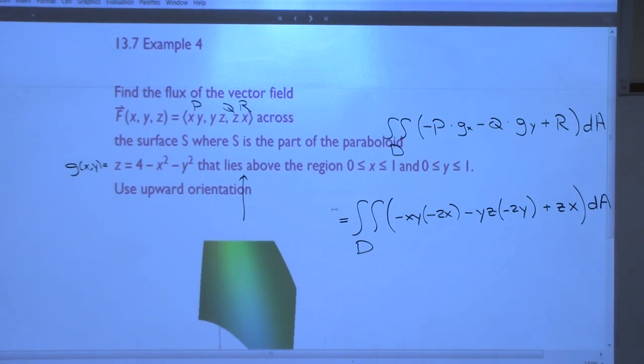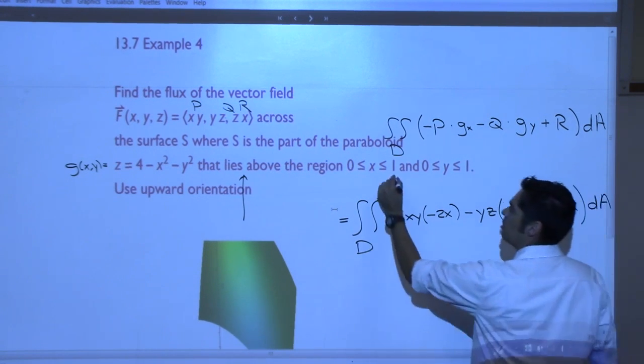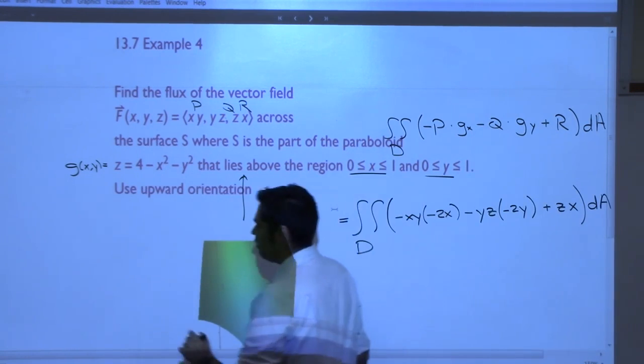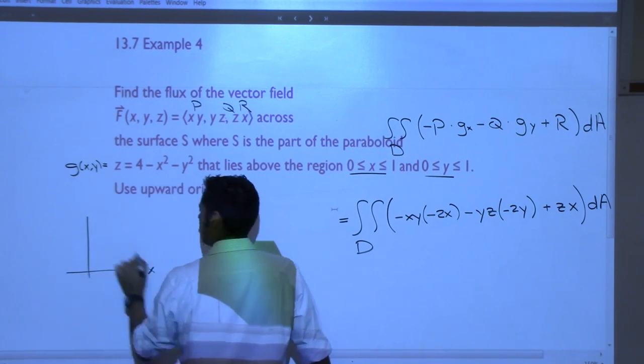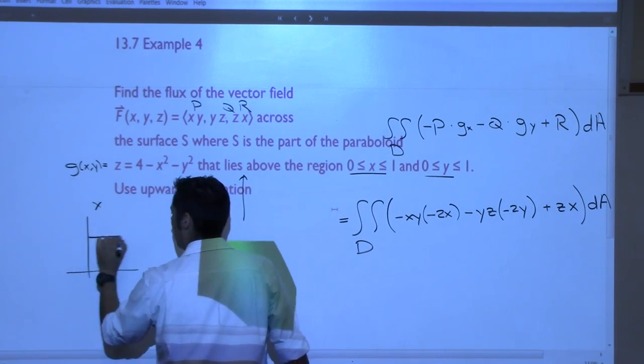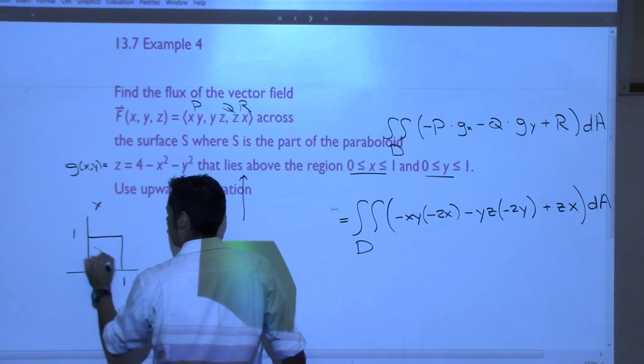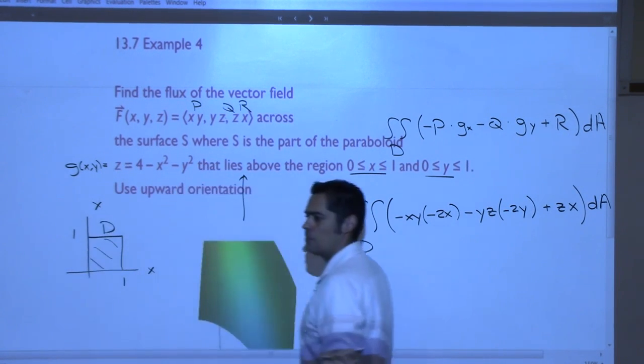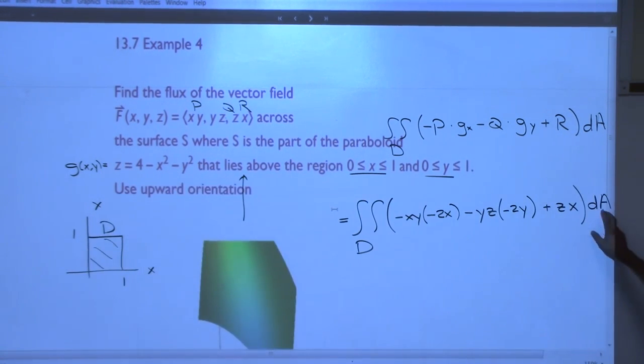Now, my region D on the ground is given to me by this restriction. So on the ground, x and y were inside this box. That's D. So what do I have over here? dx dy, or dy dx. It won't matter. You would plug in 4 minus x squared minus y squared.